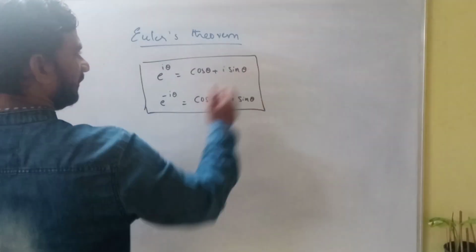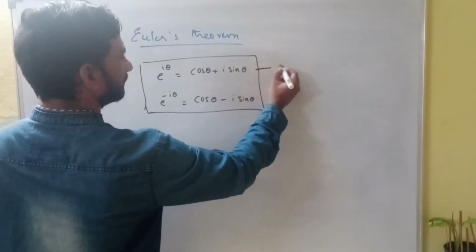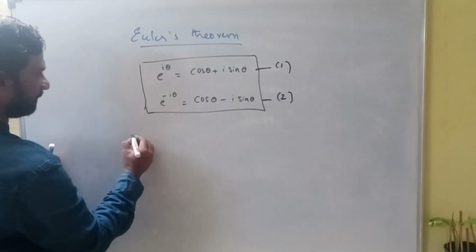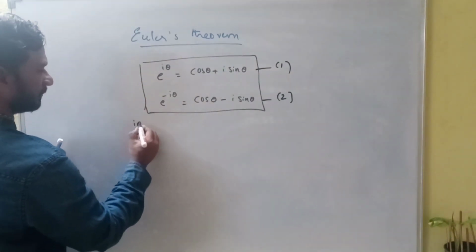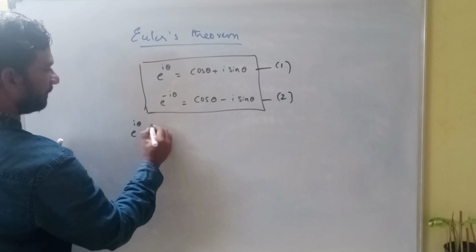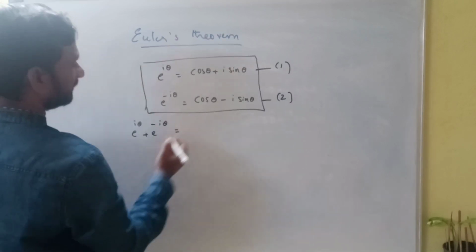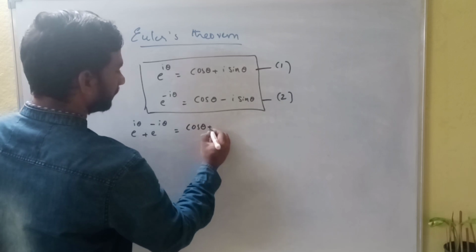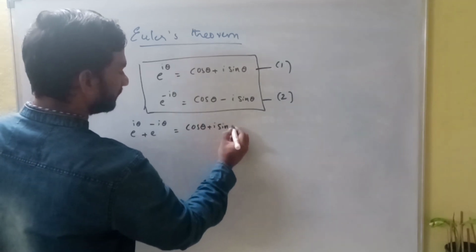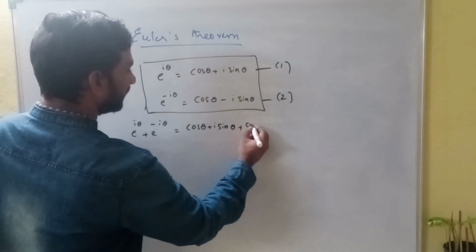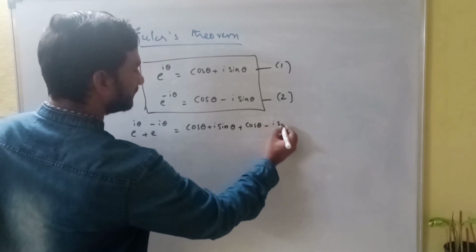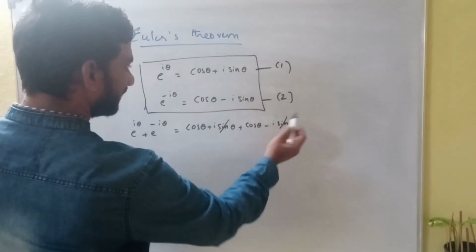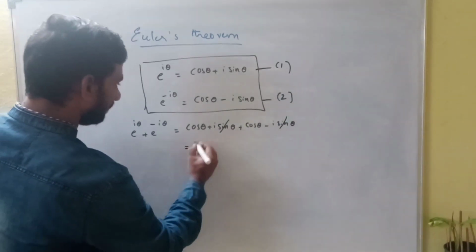Now, if you add these two equations, on the right hand side, e power i theta plus e power minus i theta will become cos theta plus i sin theta plus cos theta minus i sin theta. What will we get here? This i sin theta will get cancelled. This will become 2 cos theta.